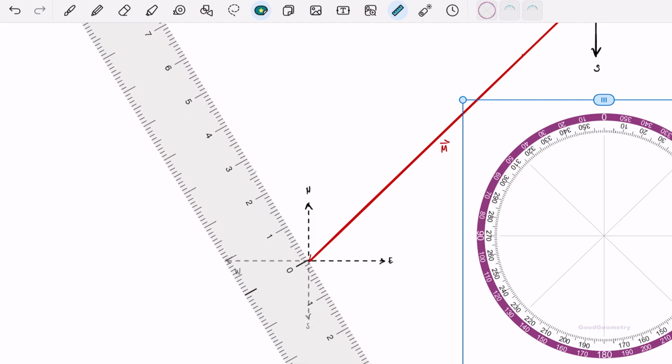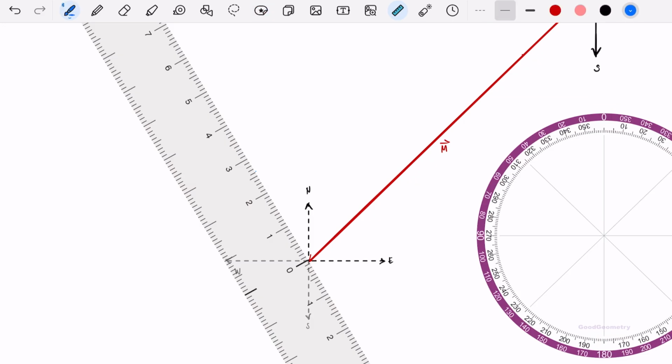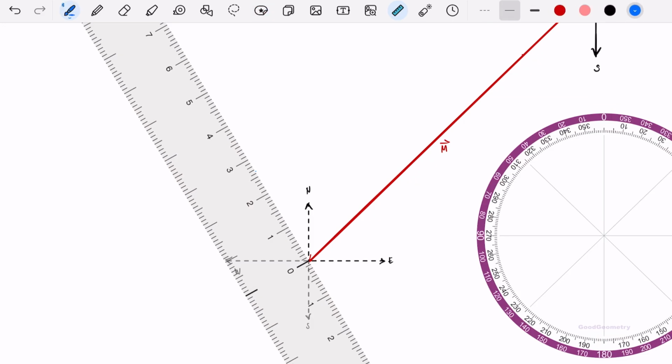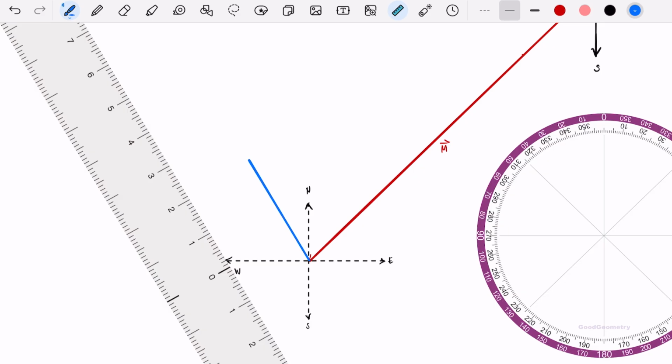Okay, 3 cm, from my origin. It shifted a little bit. Okay, that works. So that's my vector n. Put a little hat on vector n to indicate that it's a vector.